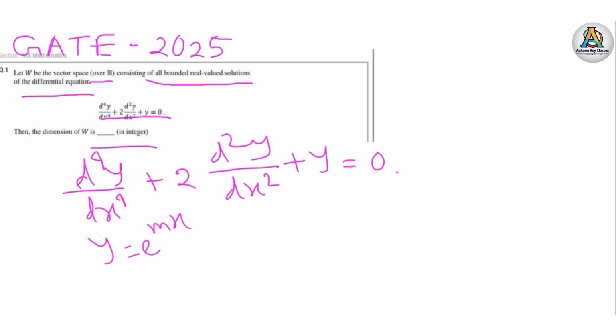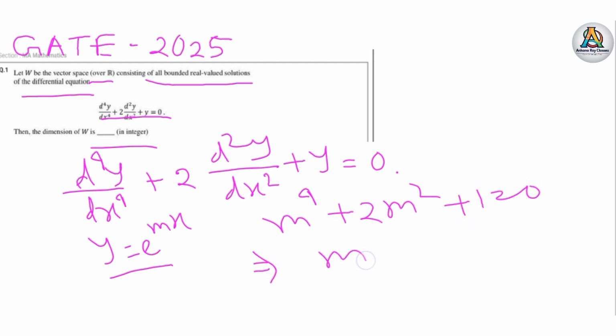Suppose y is equal to e to the power mx is the solution. Then put the values of y in this differential equation. We get m^4 plus 2m^2 plus 1 is equal to 0. This implies (m^2 plus 1)^2 is equal to 0.